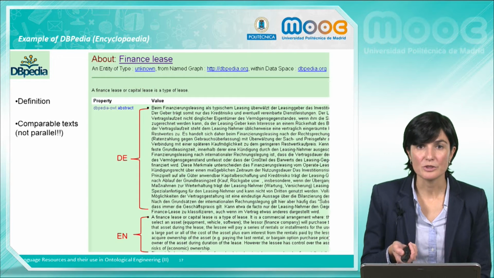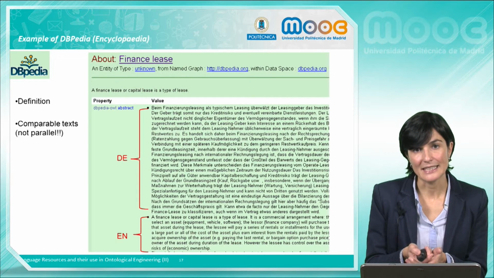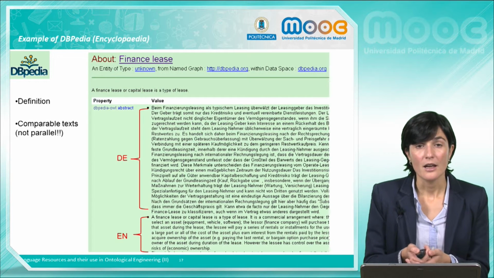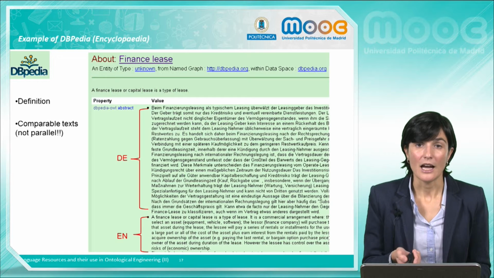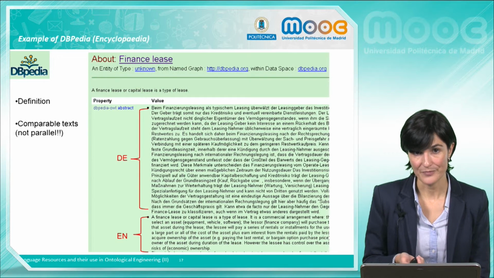Now, moving on to resources that have some semantics, I would like to talk about DBpedia. DBpedia takes as input the structured information in Wikipedia, mainly the information you find in the info boxes, and uses semantic web formalisms to make that information processable by software agents.